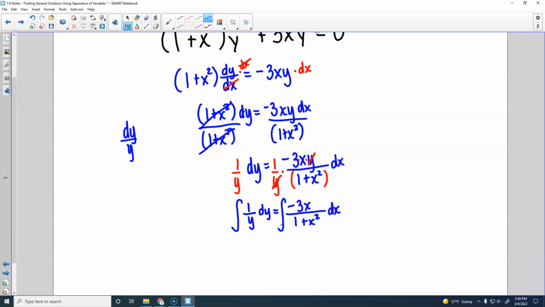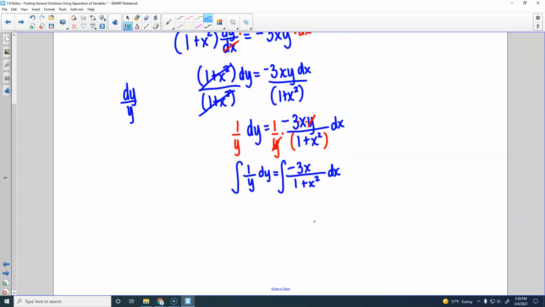You don't want to integrate it yet, because I told you that if you're going to combine the plus c's together, then you need to integrate them in the same step. And the right-hand side is not going to be quite as quick to integrate. Because the right-hand side, what are we going to have to do to integrate it? U substitution. So I am not going to integrate that left-hand side until I'm also ready to integrate the right-hand side.